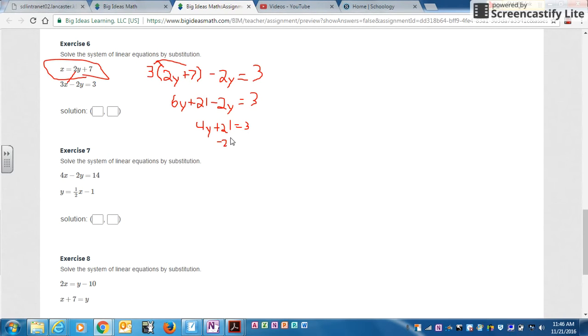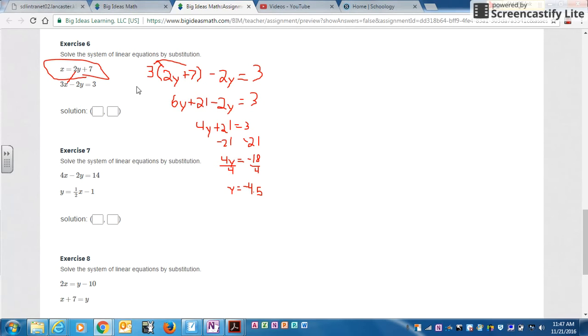Subtract 21 from both sides. Minus 21. 4y equals negative 18. Divide both sides by 4. And I'm going to get y equals, let's see, 4 with 2 left over. So negative 4 2/4, or 4.5.